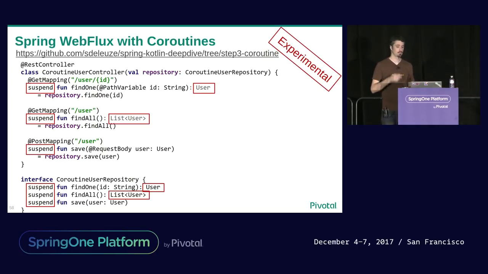So I have created a branch in my Spring Kotlin deep dive example, which is based on coroutines, so that works. We have even done benchmarks, and we get quite good performance, less than reactive APIs, but that's close, not much impact. And that's because here I'm not using coroutines everywhere.